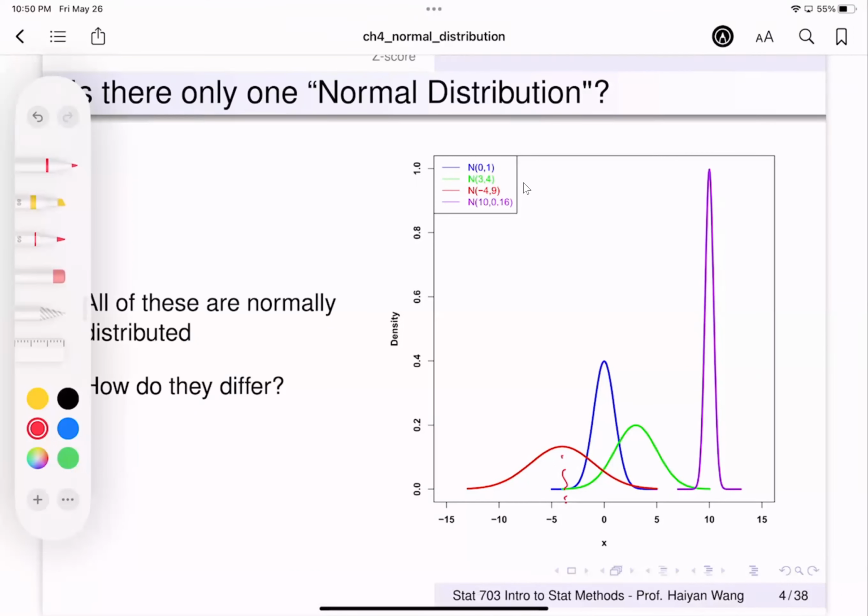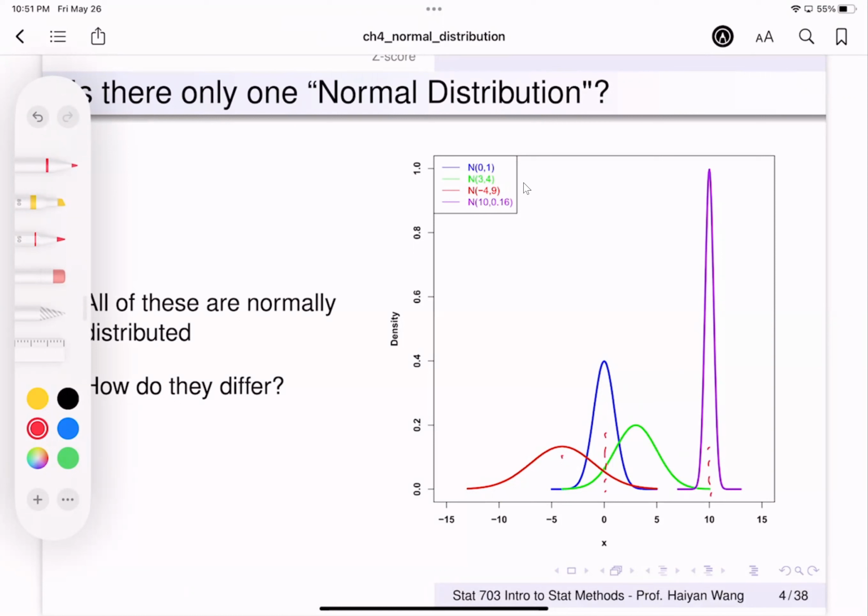On the other hand, if we look at the blue one, it is centered at 0 and has a variance of 1. That's the blue one. And the purple one is centered at 10, and the standard deviation is 0.16.